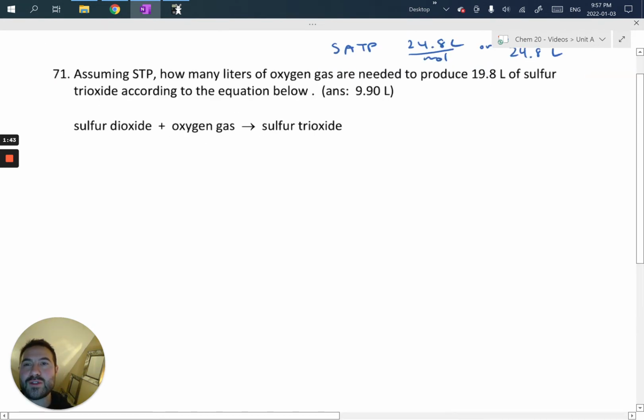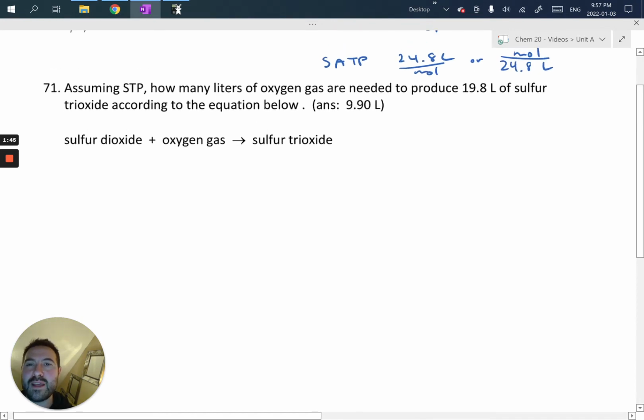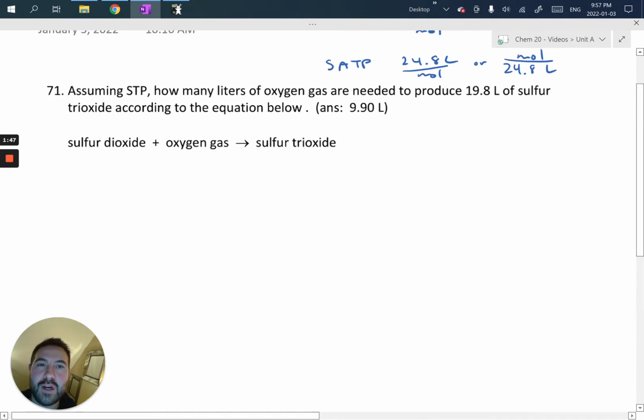This question says, assuming STP, how many liters of oxygen gas are needed to produce 19.8 liters of sulfur trioxide according to the equation below? So we need a balanced chemical equation. Work your equation out now. Pause the video.